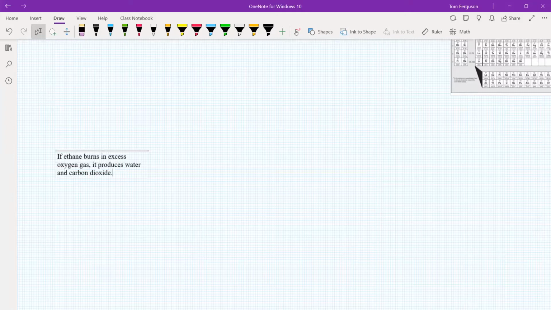Okay, so basically it's the same thing as burning methane, only ethane is a little bigger molecule by 1 carbon. Same reaction though, okay? So how many molecules of water are produced if 3.45 grams of ethane is burned?